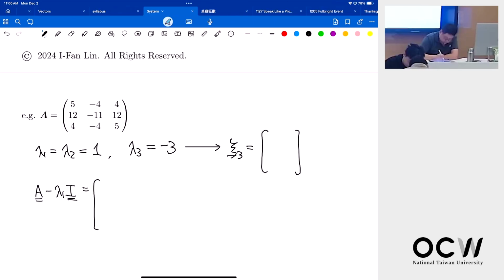So if we really look at the matrix, you can see that all these 3 rows are linearly dependent.